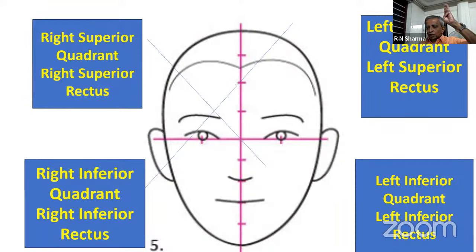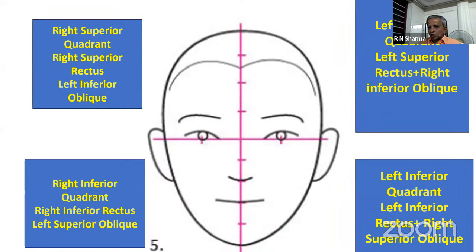So if you are looking at the left superior quadrant, the left superior rectus will act, and the right inferior oblique will act. When I am looking downward to look at the left inferior quadrant, the muscles that bring my eyeball to the left inferior quadrant will be the left inferior rectus and right superior oblique.